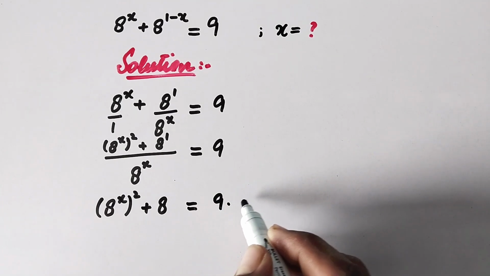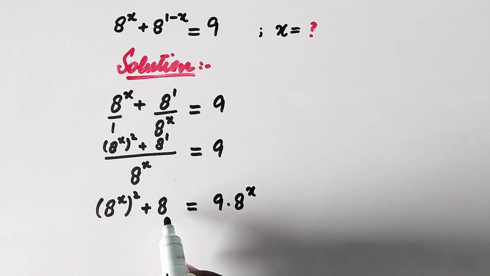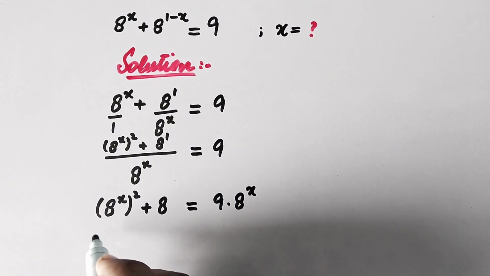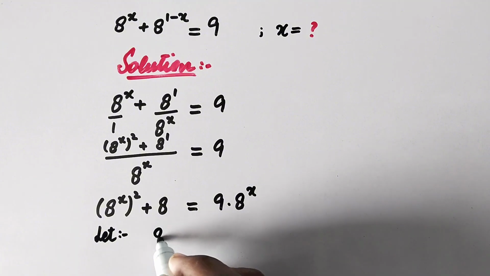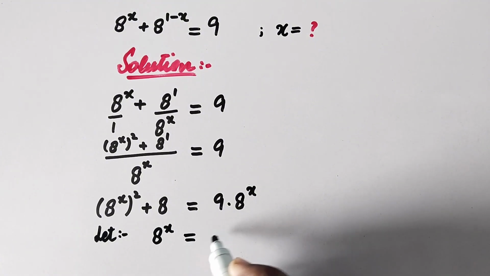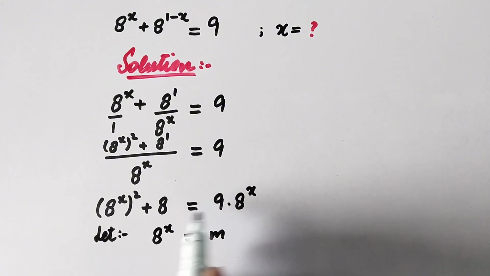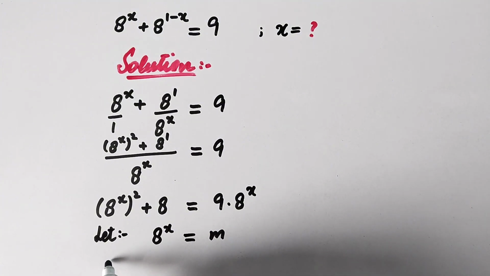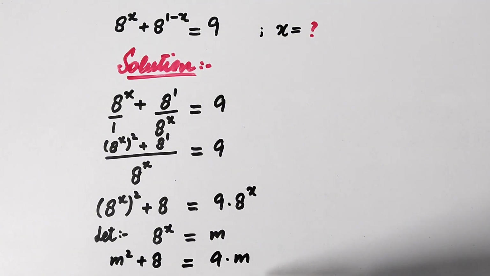And now what we will do next is we will let 8 to power x equal to m. So by substituting the value of m here, this equation will be m squared plus 8 equal to 9 times m.